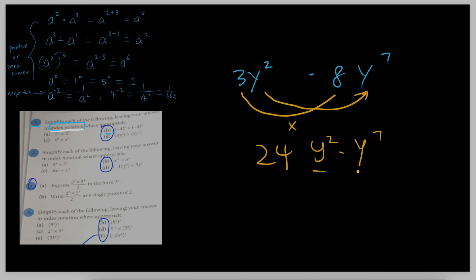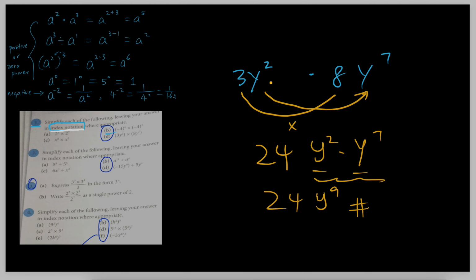Can you see that you have the same base already now? And the base is y. So when you have same base and times, what's the rule for this one? So it's 24 y, and the power is plus, so 9. Correct. Simple?